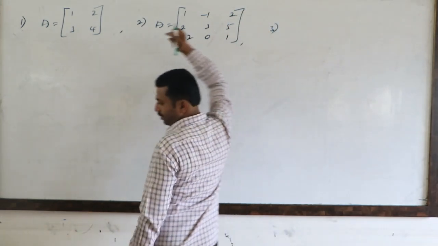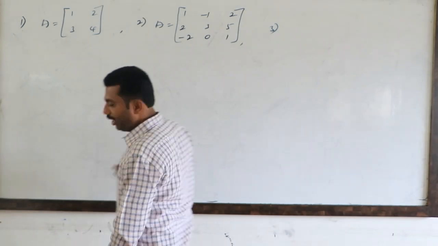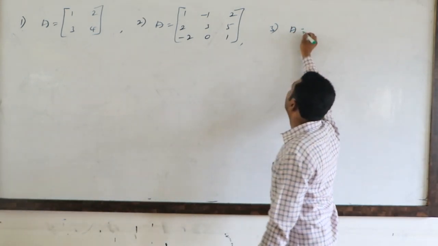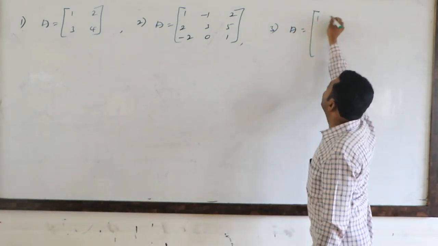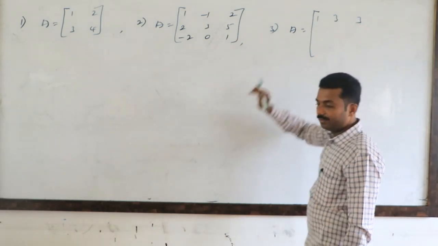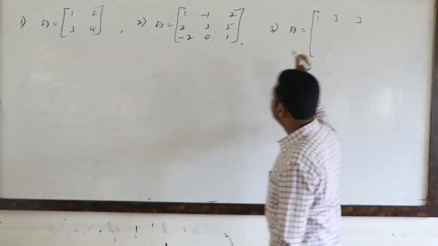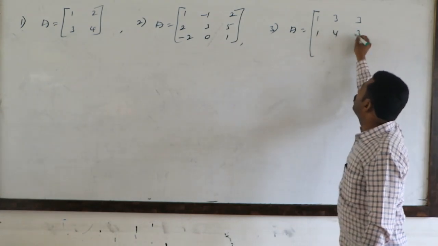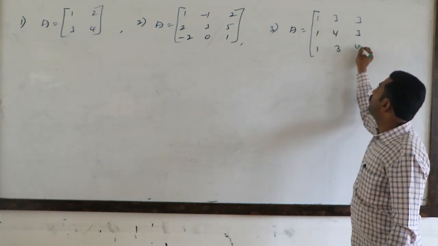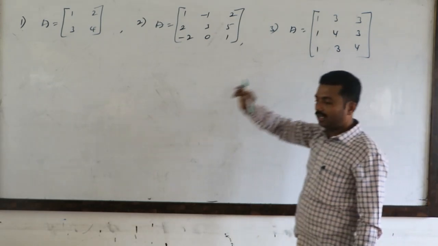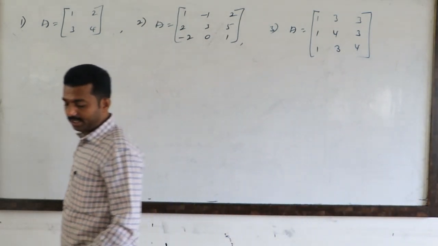Then third question, A equal to 1 3 3, 1 4 3, 1 3 4. You calculate the adjoints of these three matrices.